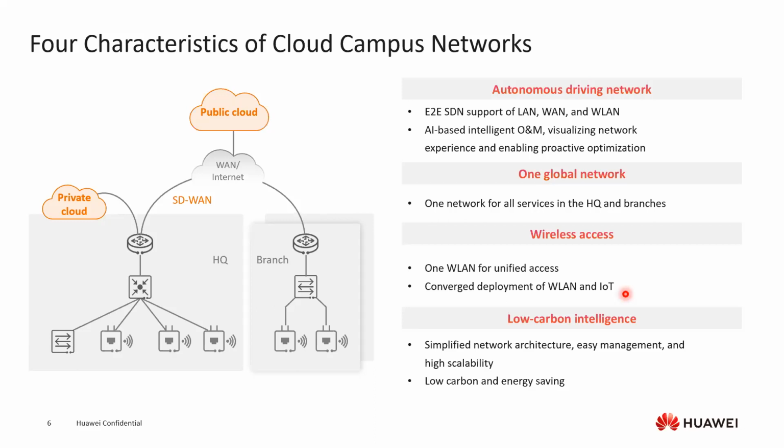For example, we'll see in the following slide that we have a huge range of wireless access points that provide a specialized slot for IoT terminals to be deployed on. All right. So this gives the extra benefit that instead of managing two different networks, one for IT and one for IoT, you can have just one converged network to manage both of these together.